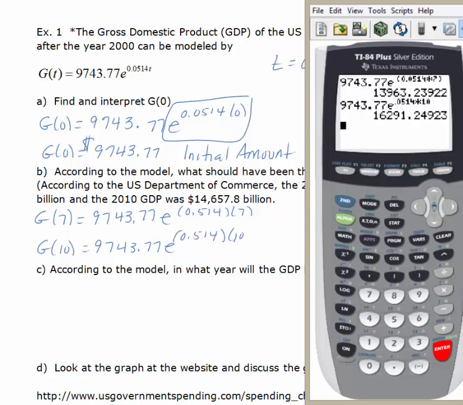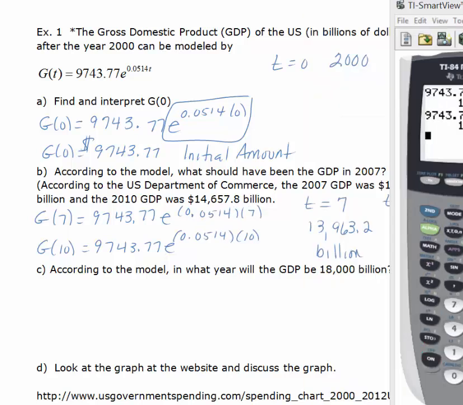Press enter. After plugging in the values, and making sure I corrected that, there should have been a 0.05 there. Evaluating this in your calculator, we get 13,963.2 billion for the 2007 GDP, and in 2010, $16,291.2 billion.